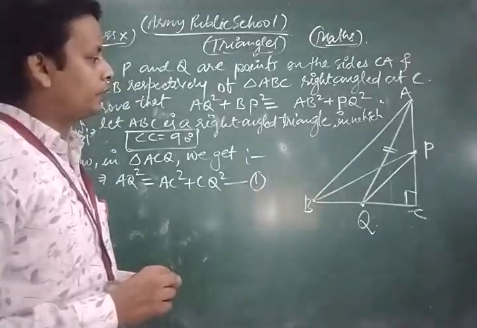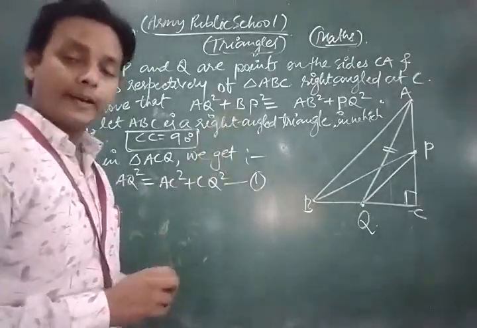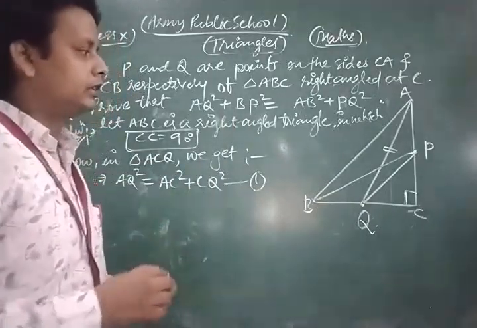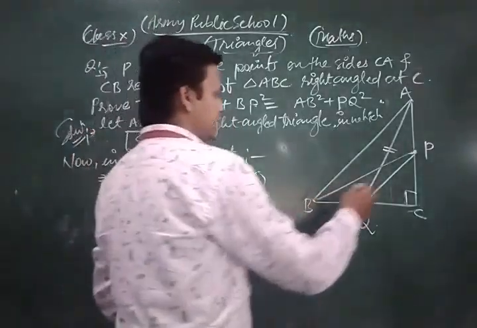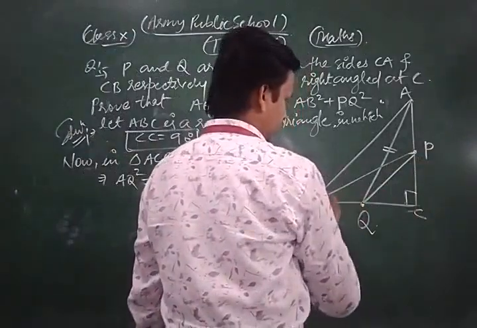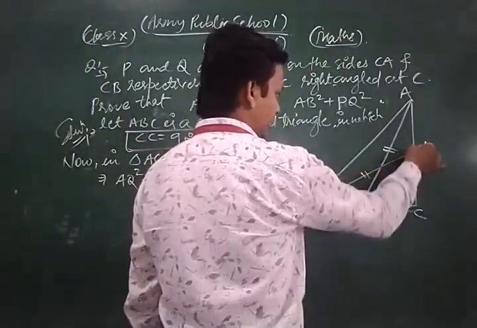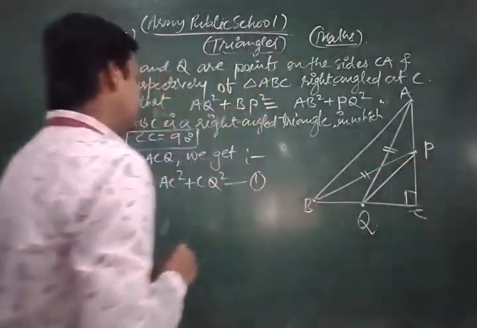Now AQ square is there. Now we also find BP square. Look, in which triangle is BP found? In triangle PCB, BP is your hypotenuse.